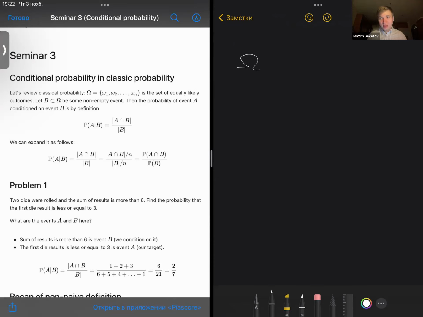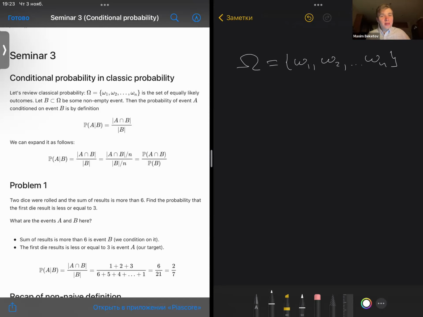Any other event is basically a subset of omega, and thus a collection of some elementary events. This notation is not entirely fair, because this set of all elementary events may be uncountably large. But for now, we'll just think that it's a normal set, okay?